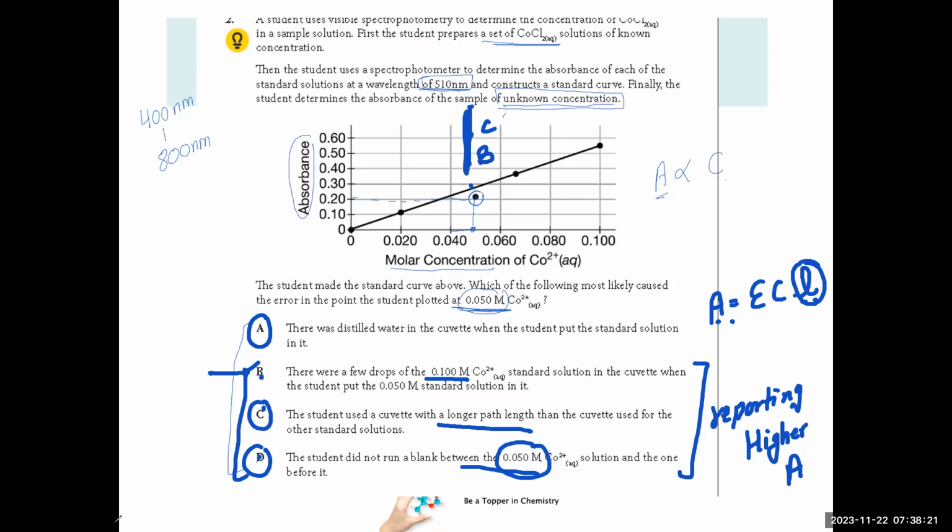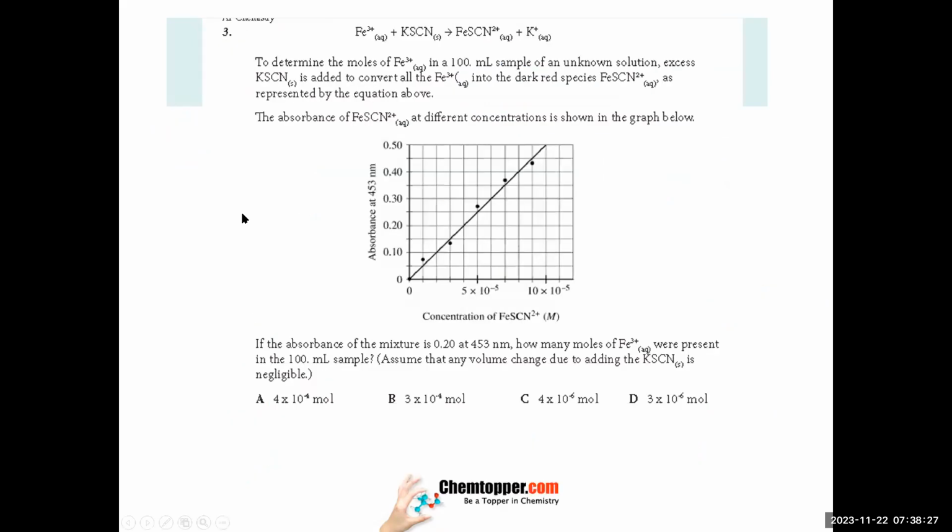So any questions here? Is it clear? Okay, I'm going on to the next one. Check this one. Read the question carefully. This is again a colored solution. Again, the absorbance should be in the visible range.